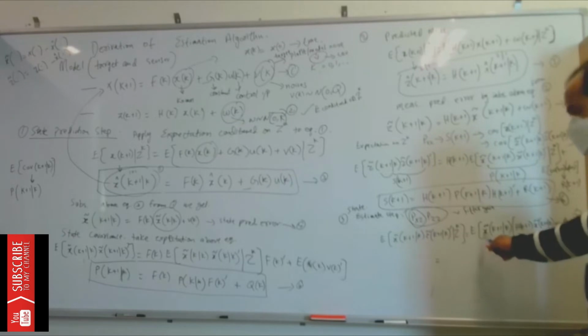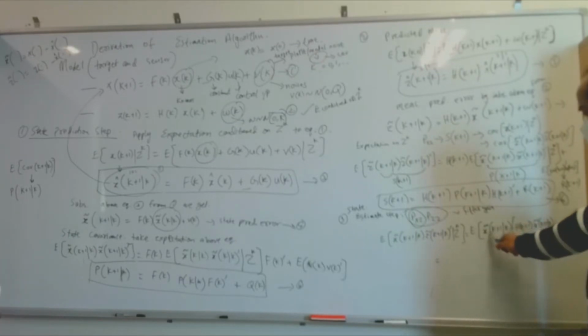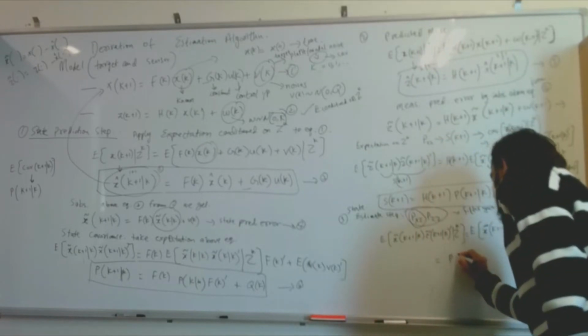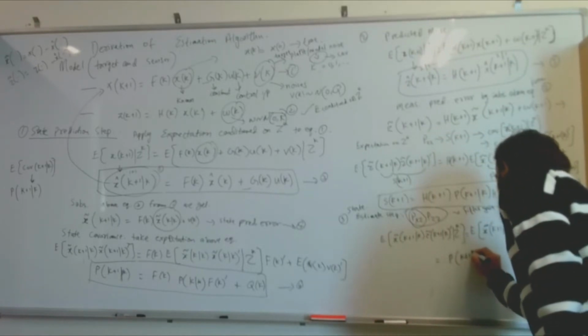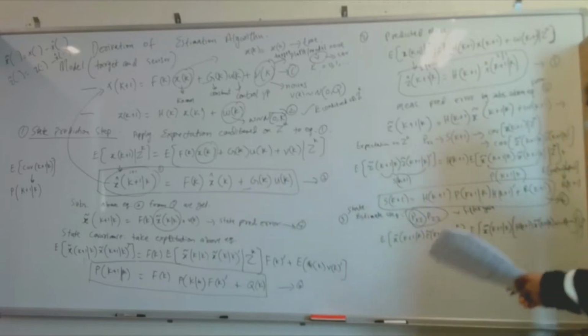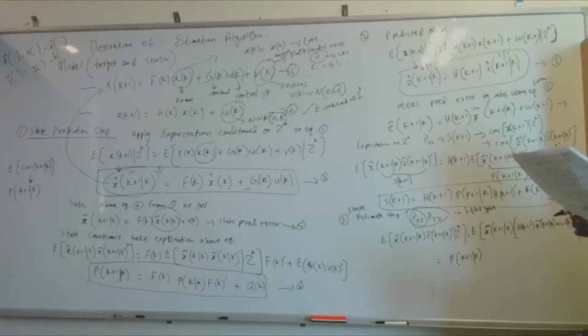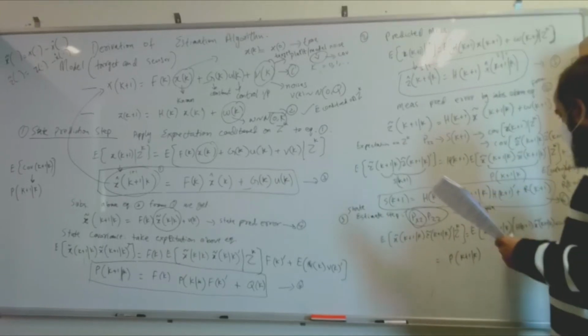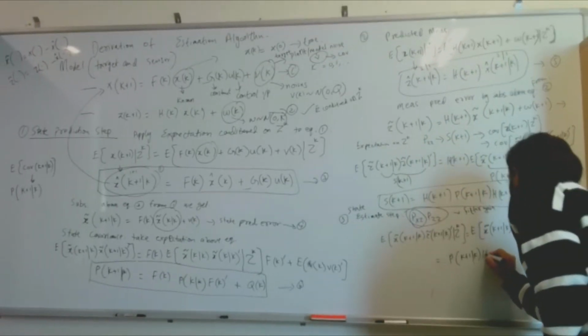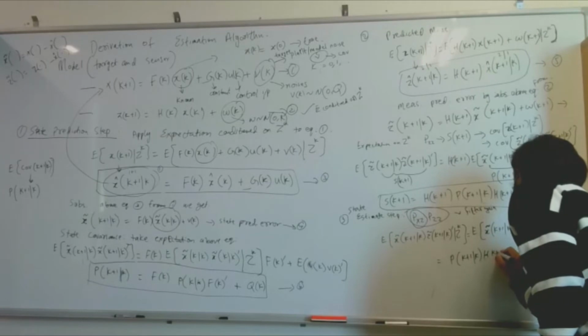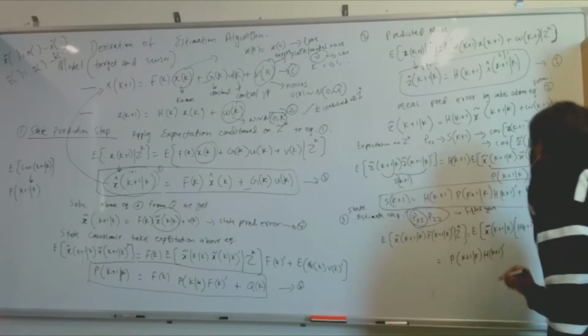The expectation of this thing multiplied with the transpose of this guy is equal to P k plus 1, and the remaining part is multiplied with H k plus 1 transpose.